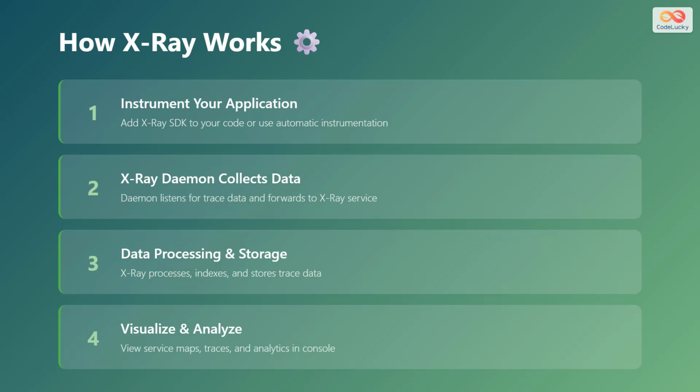Step 3, data processing and storage. Once X-Ray receives the data, it processes it, indexes it for searching, and stores it securely. Step 4, visualize and analyze. Finally, you can view service maps, individual traces, and analytics in the AWS X-Ray console to understand your application's behavior.